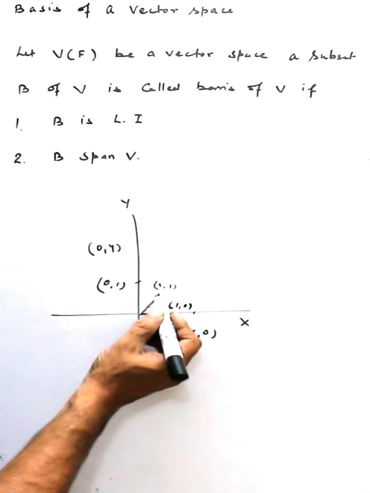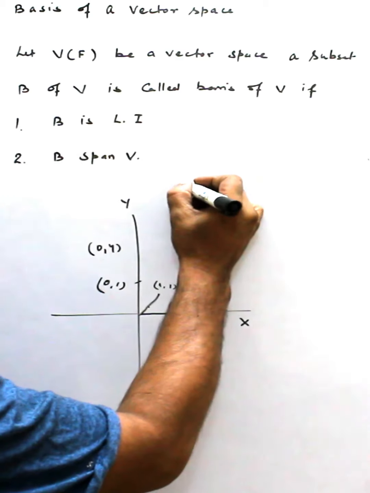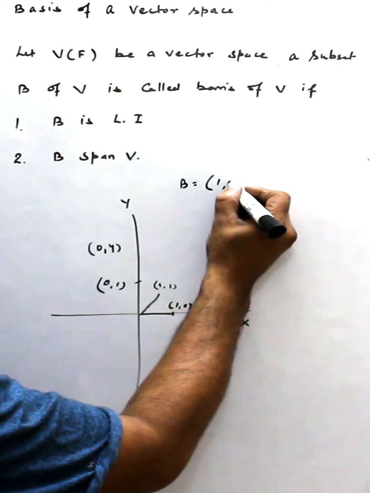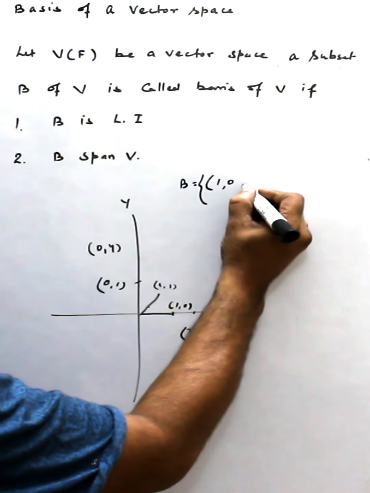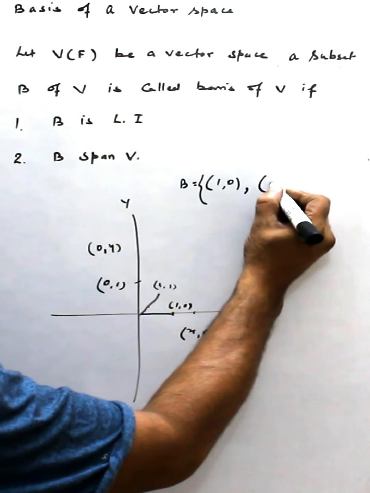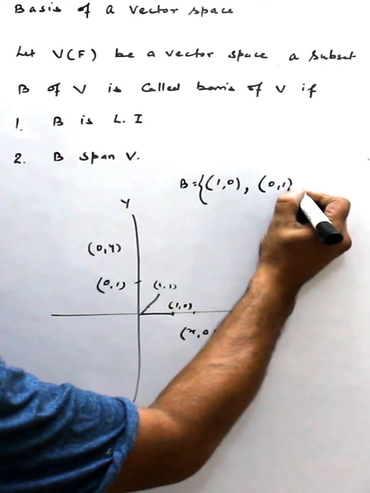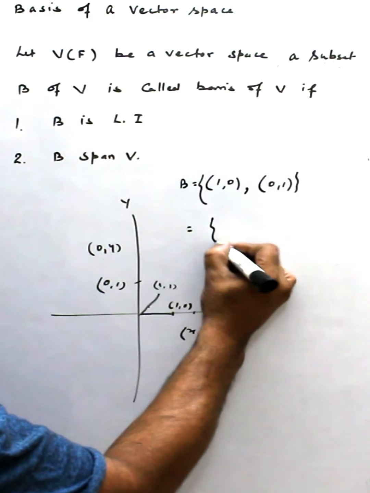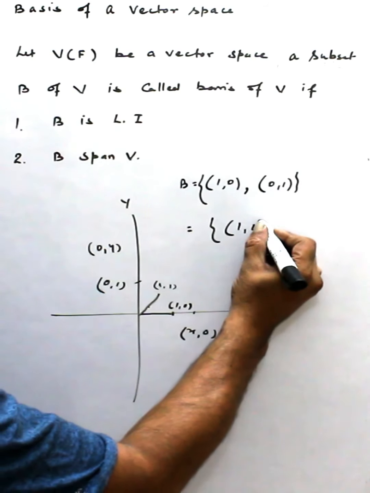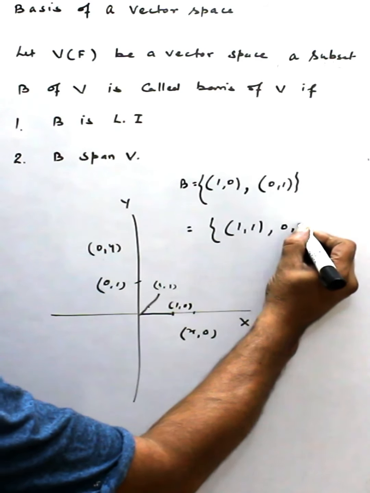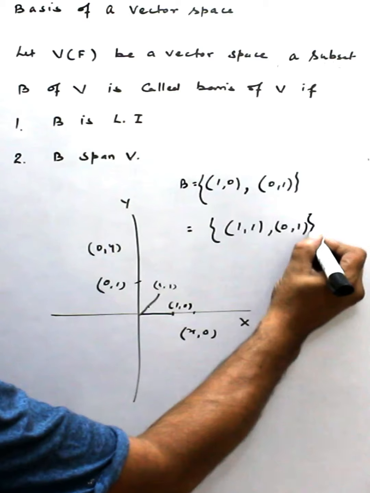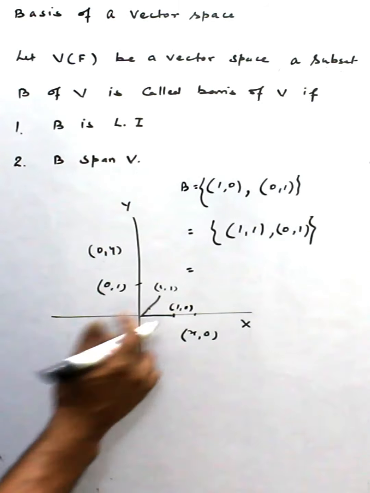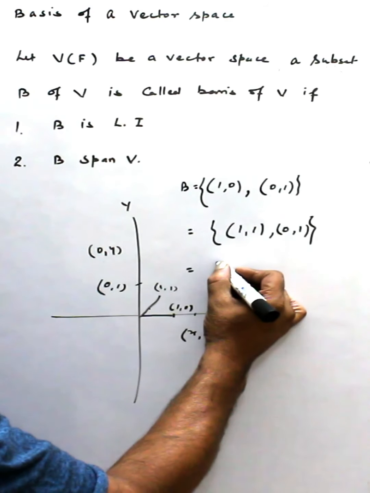So I can take the basis (1, 0), (0, 1), and on changing I can take (1, 1), (0, 1); this is also a basis. I can rotate both vectors, which we have proved.